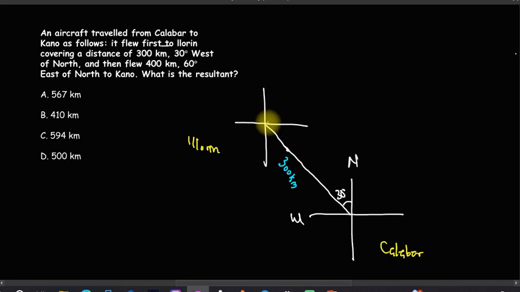So from Ilorin, we flew 400 kilometers, 60 degrees east of north to Kano. So where's our east? This is our eastern direction, this is our northern direction. So 60 degrees east of north, we are going to draw it like this. So 60 degrees east of north to Kano.